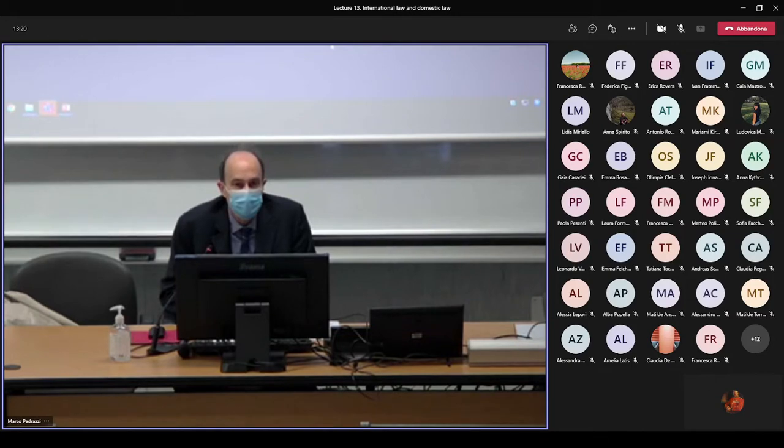This is perfectly compatible with the object and purpose of the EU treaties, because the EU treaties are based on a union of European countries, and so the fact that non-European territories may be excluded is not contrary to the object and purpose of the treaty.